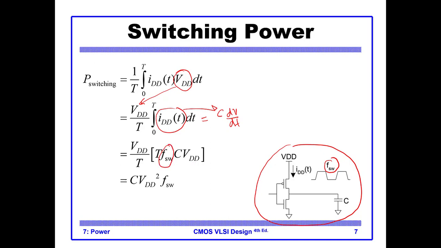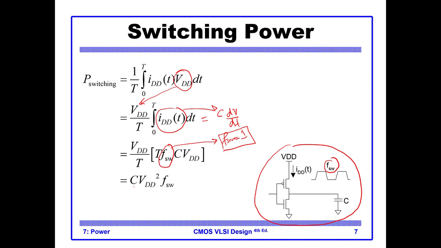Why does this T come into the equation? If you are considering a frequency of 1, then you don't need it. But when the frequency is more than 1, you need to include this in the equation to account for multiple transitions.